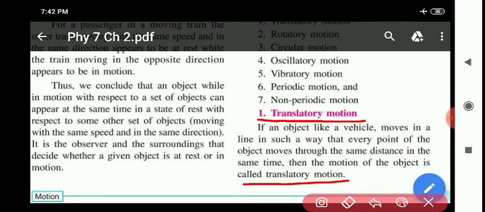It means the same distance is covered in the same interval of time. Such as, if distance d is covered in time t, and the next distance d is also covered in time t, then that type of motion is called translatory motion. Or we can say the motion in one straight line is known as translatory motion.